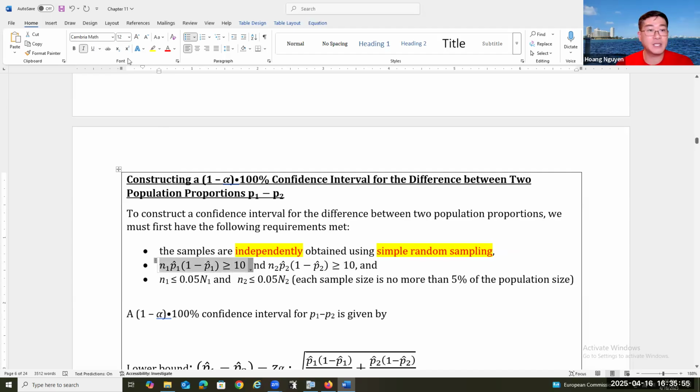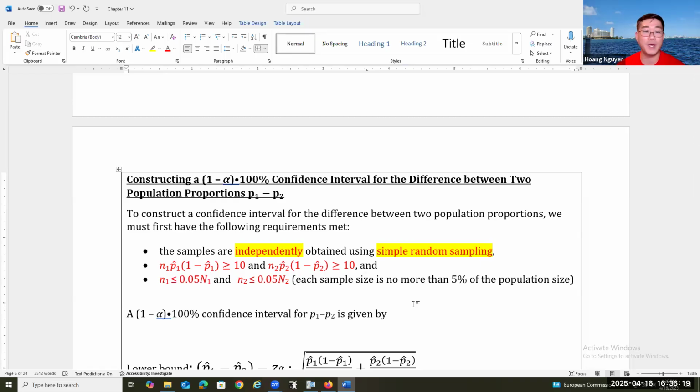You want to make sure this condition is true, so the distribution will be approximately normal. Now the third requirement is that each sample size is no more than 5% of the corresponding population. You want to make sure of that. So those are the three requirements that we have, right?